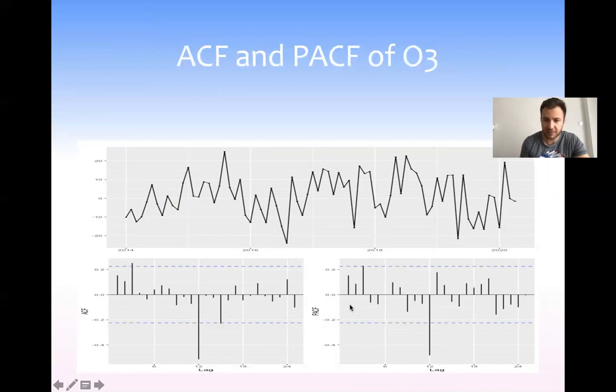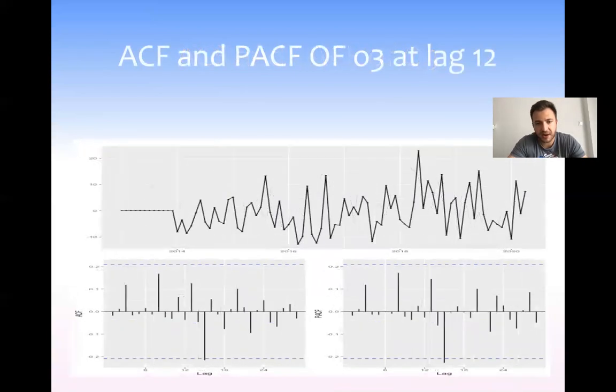For PACF, we also have a lag at 12. So we differenced our data set at lag 12. When we do this, we get these graphs, and you see almost all lines are inside our range. So now our data set is ready for forecasting the ozone level by differencing at lag 12.